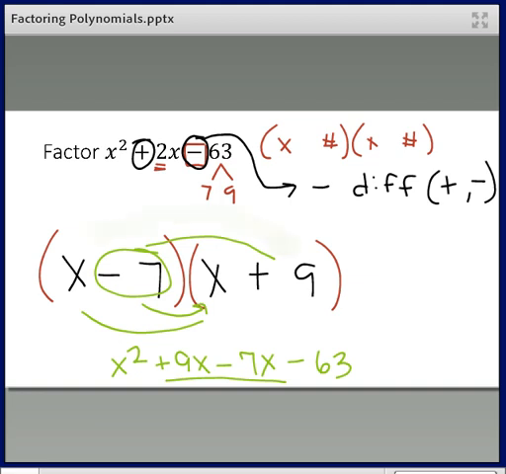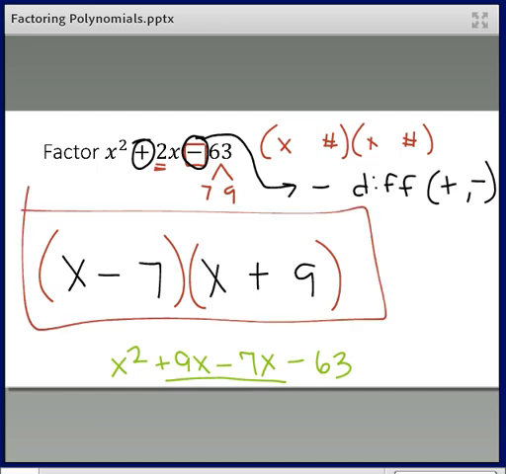So again, let me get rid of some of this stuff here. Here are my factors, and I'm going to box those off in red. That's the factors that I'm looking for.